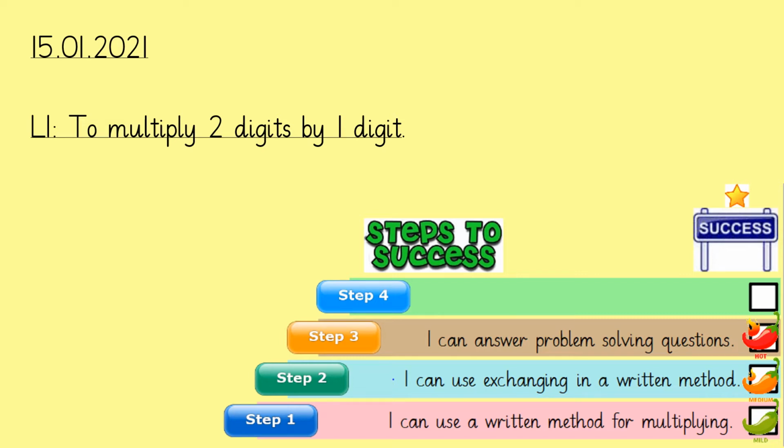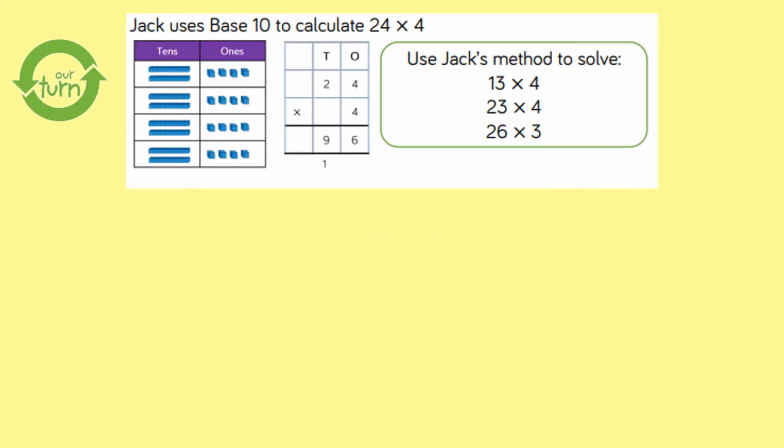Step 1 today is that you can use a written method for multiplying. Step 2 is if you found yesterday okay, you can move on to step 2: I can use exchanging in a written method. And if you find that okay, you can move on to step 3, which is I can answer problem-solving questions.